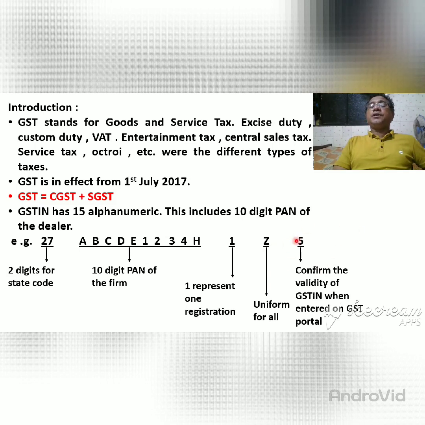The last, 15th number indicates the validity of GST, meaning how many years this number is valid for you. In simple language, we call it the expiry.